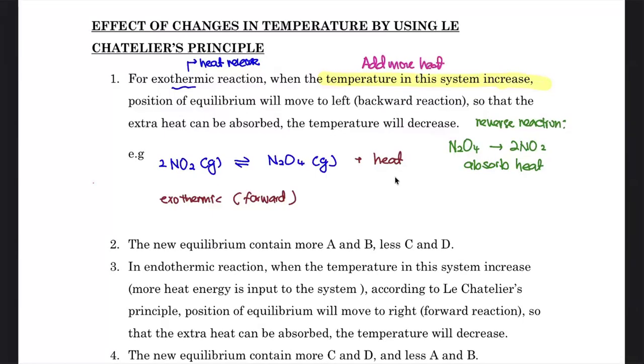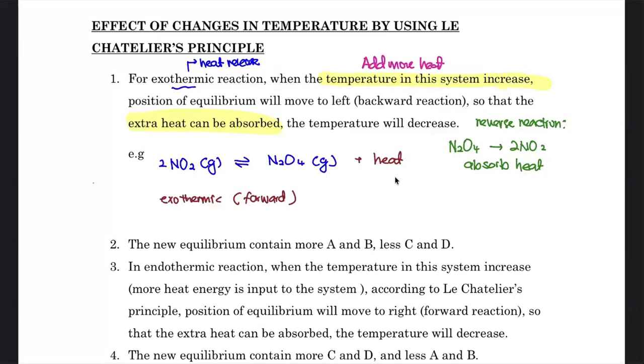The system wants to remove the extra heat. The Le Chatelier principle says the system will react by removing the extra heat. So now the equilibrium starts to absorb the heat, so the extra heat will be removed to maintain the temperature.